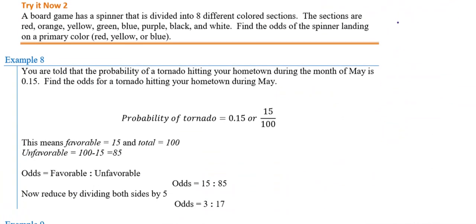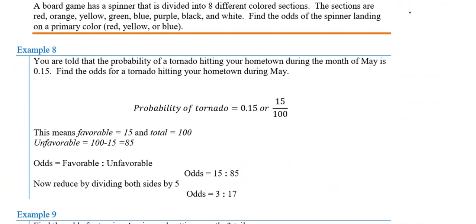So let's keep going. You were told that the probability of a tornado hitting your home during the month of May is 0.15. Find the odds for the tornado hitting your home during May. All right, so what we got going on here? 0.15. That's a probability, and probabilities are between 0 and 1, right? Another way of saying this, just to review, 0.15 would also be 15% probability.